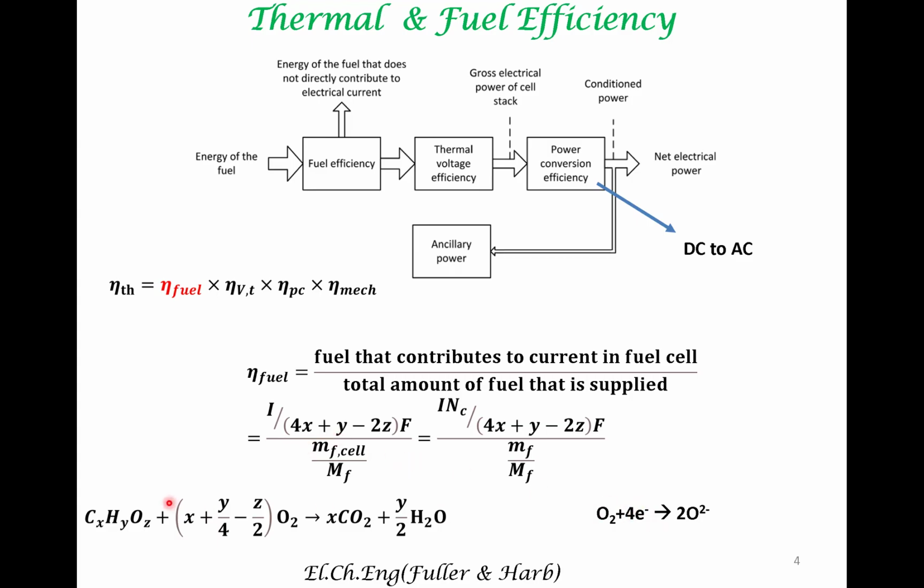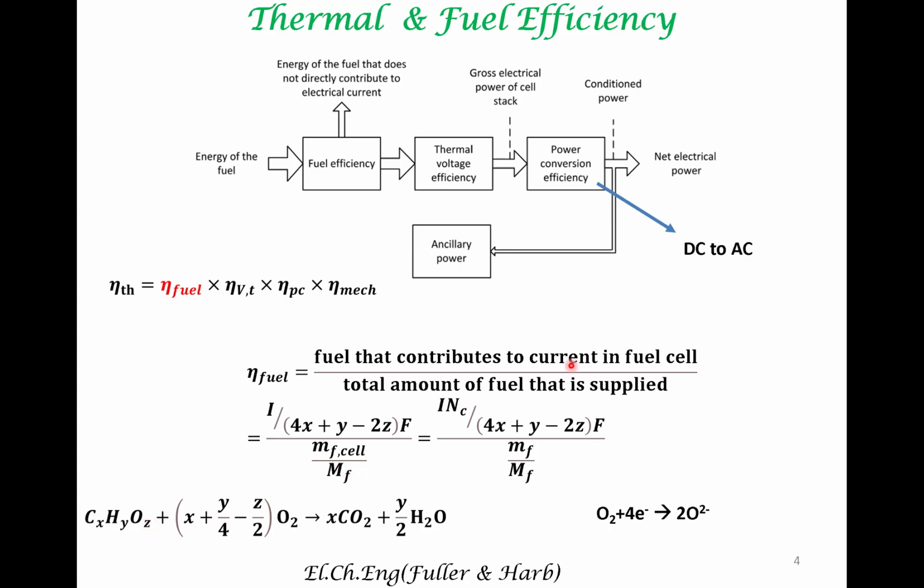So if you multiply this term by 4, you get 4x plus y minus 2z. So I divided by this quantity gives a measure of the moles of oxygen that is being utilized for combusting 1 mole of the fuel.